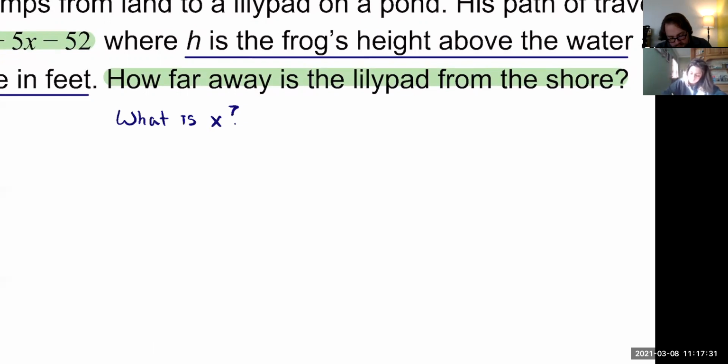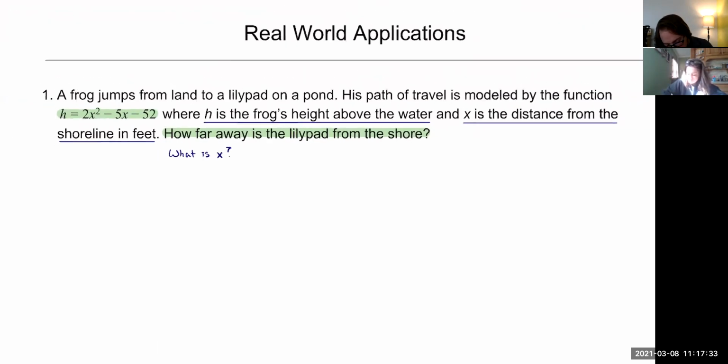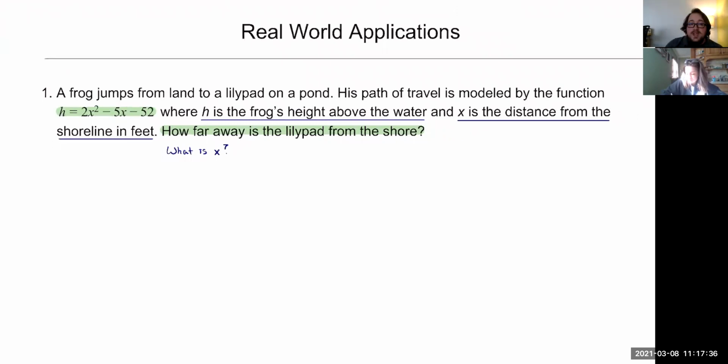Now, from the story, let's think about it. If we're looking for x, we had better know something about h. If you think about it, h is the frog's height above the water. The moment he lands on a lily pad, how high above the water is he? 0. 0, because the lily pad is on the water.